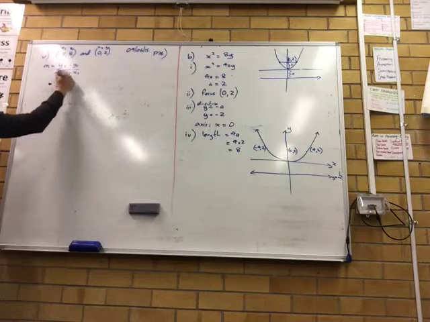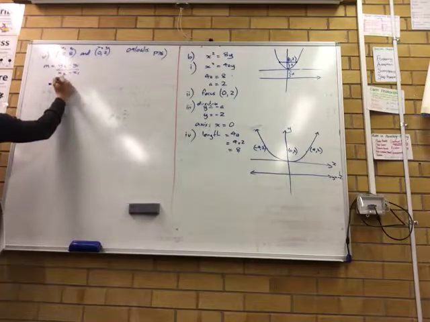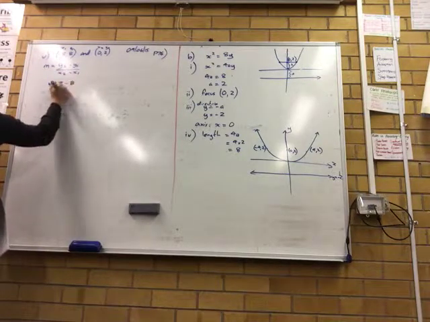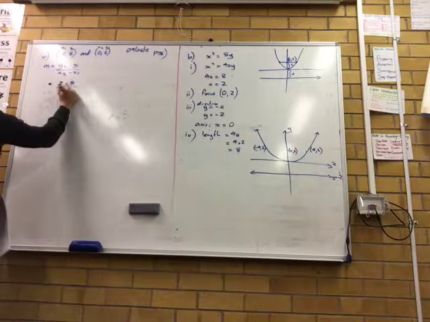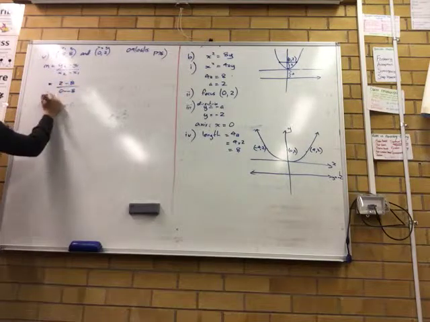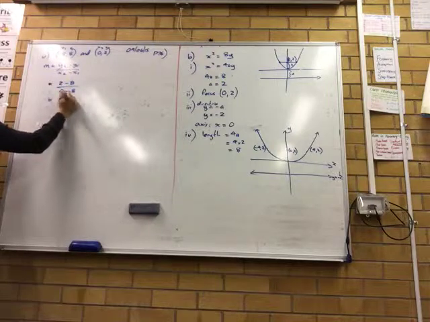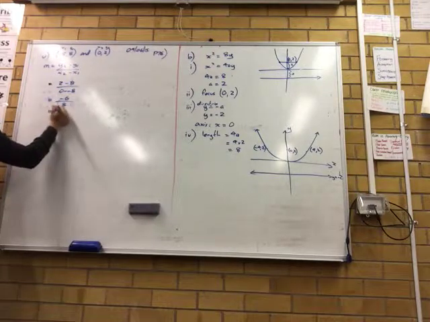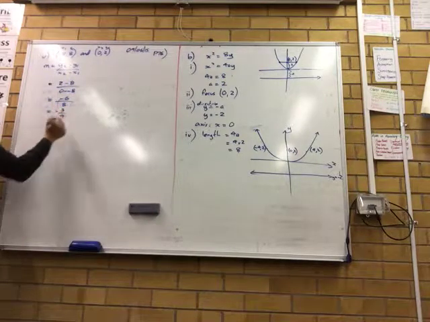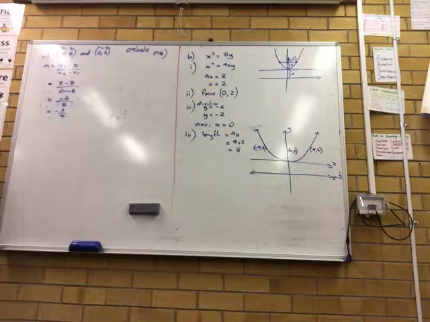X1 Y1, X2 Y2. So we have 2 take away 8 over 0 take away -8. We've got -6 over 8. So -3/4 for your gradient. Remember fractions are always simplified down to simplest form unless told otherwise.